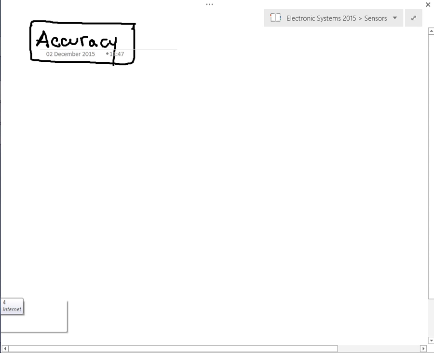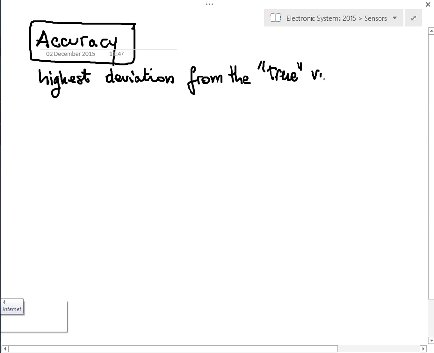In Italian it is exactly accuratezza, and it is the highest deviation from the true value of the stimulus at the input.